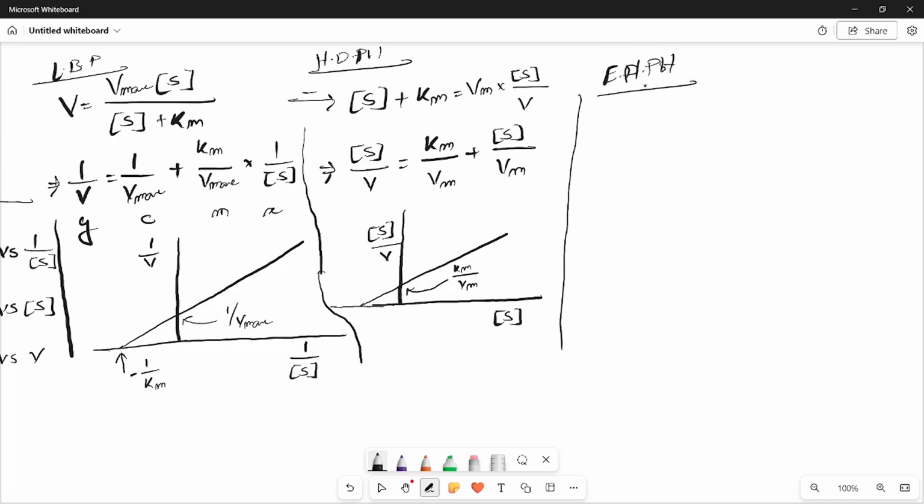Now, what is this? V by S versus V. This is another very simple thing. What is the equation? Basically, V equals Vmax S by S plus Km.